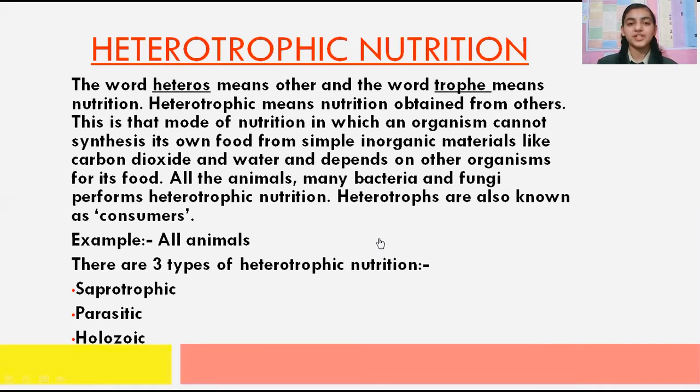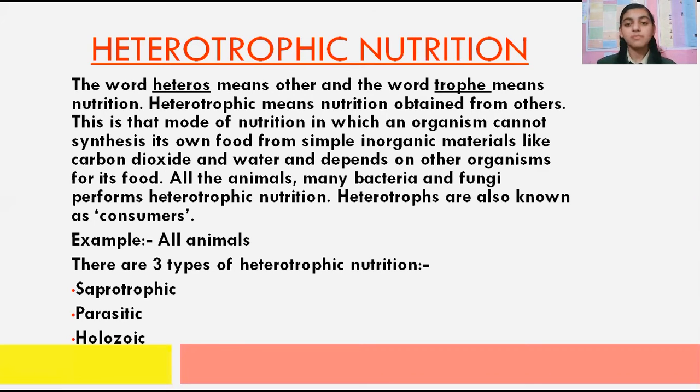Heterotrophic nutrition. The word heteros means other and the word troph means nutrition. Thus, heterotrophic means nutrition obtained from others. This is that mode of nutrition in which an organism cannot synthesize its own food from simple inorganic materials like carbon dioxide and water and depends on other organisms for its food.